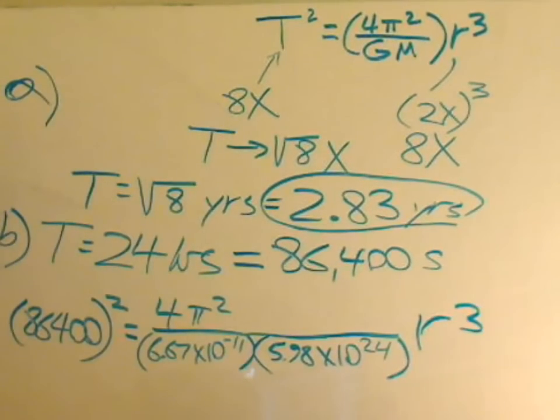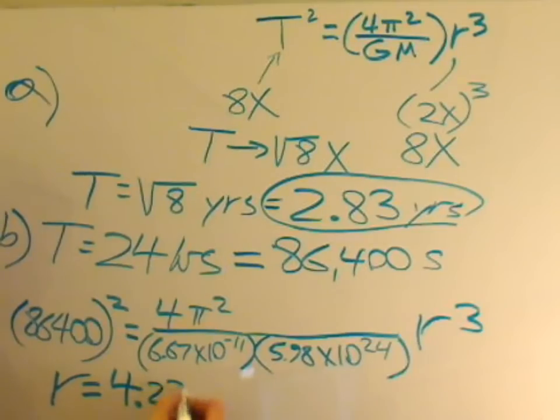At this stage, it's just an algebra problem. You take this squared, divide it by 4, divide it by pi squared, times this, times that, and you have r cubed. You then take the cube root of all that, and you find that the radius of this geostationary orbit is a pretty big distance.